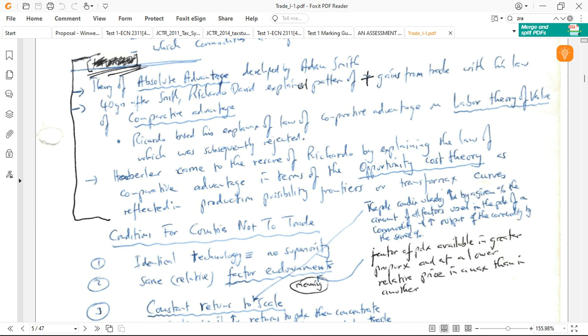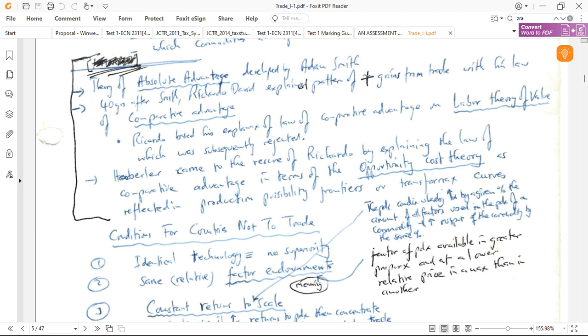Because for you to progress and start looking at trade policy, you must understand trade theory. If you don't understand trade theory, it will be difficult for you to apply or understand the policy part of it.